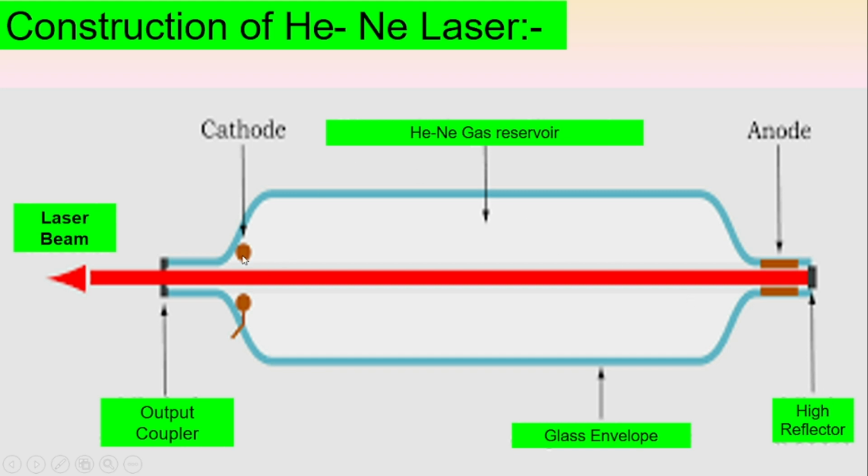And here this is one electrode, and this is the other electrode. It is the anode and it is the cathode, and between these two electrodes, anode and cathode, we apply a high potential difference to get electron discharge as an energy source.